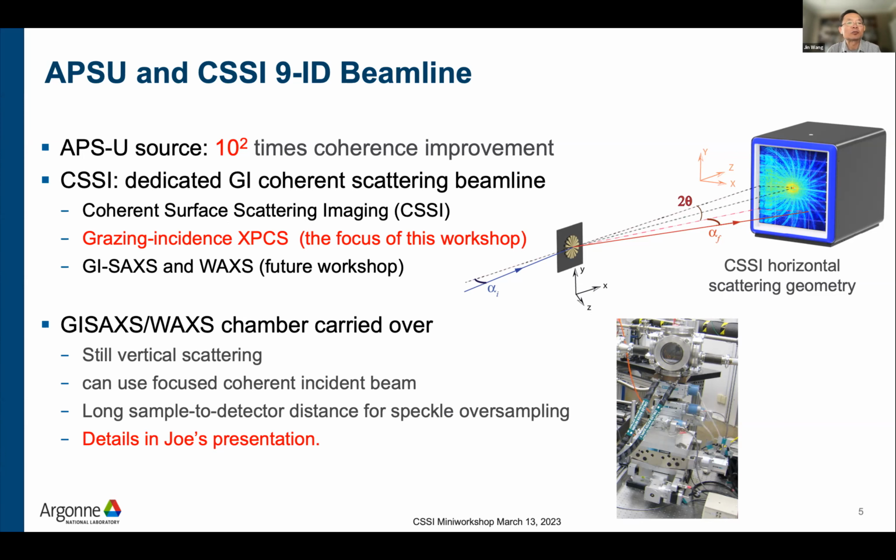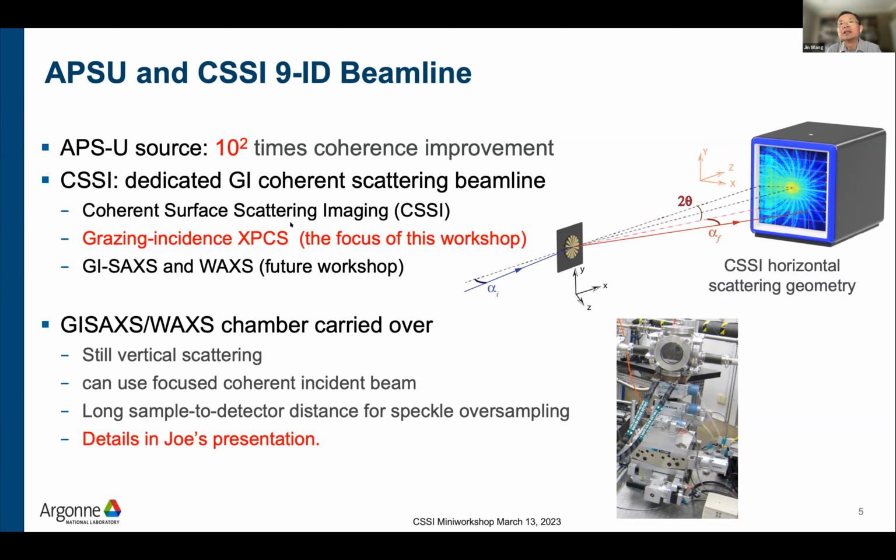Joe is going to give a very detailed introduction to this new GISAXS instrument at the new beamline, so I'm not going to spend too much time describing what the beamline is.